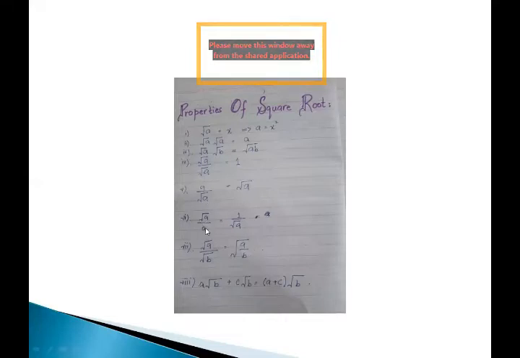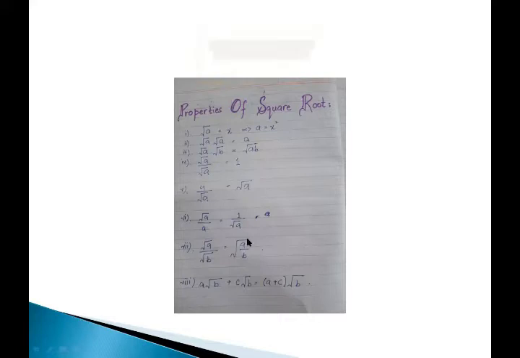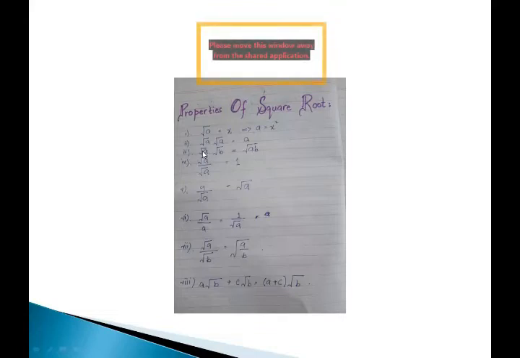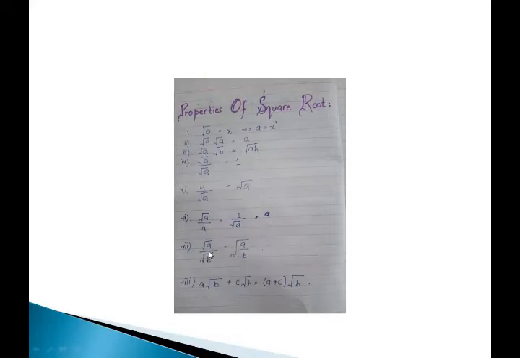Root a divided by a is equal to 1 over root a. Root a divided by root b is equal to the root of a over b. Same as we were doing in multiplication, when two numbers are multiplying with each other we can write them under one root. Like that in division as well, if we have two numbers dividing with each other under different roots, we can write them under one root.